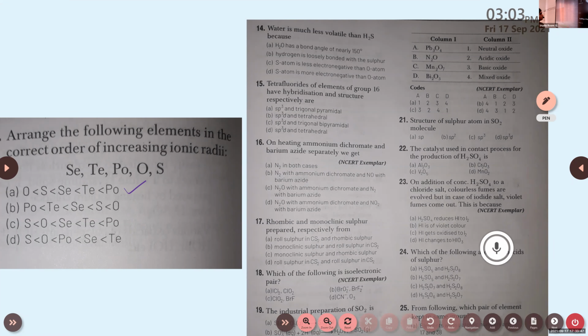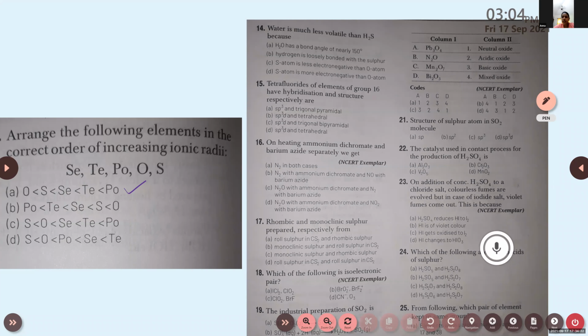Which is the correct answer? Yes, tell me.